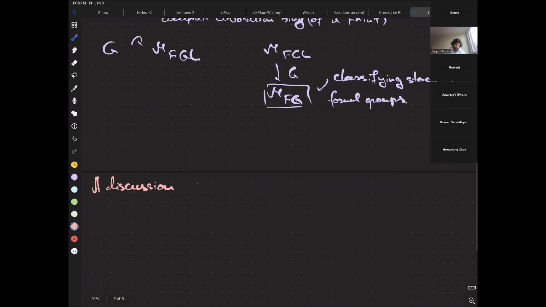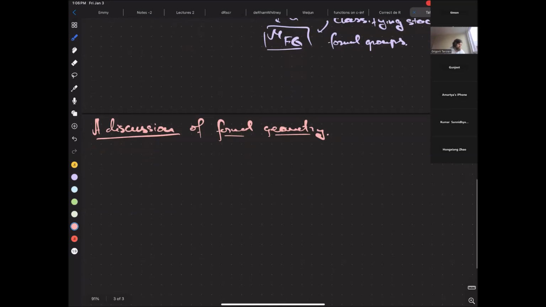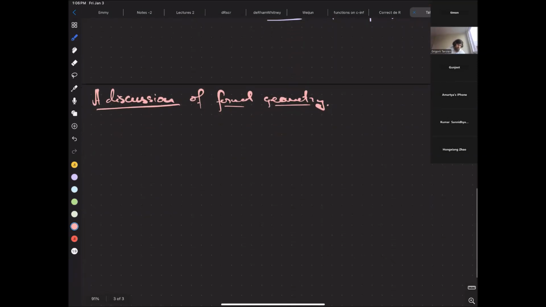So now let's do a small discussion of formal geometry. The most important construction for us will be the construction of a formal spectrum. So we start by assuming that we have a filtered ring, a filtered commutative ring.